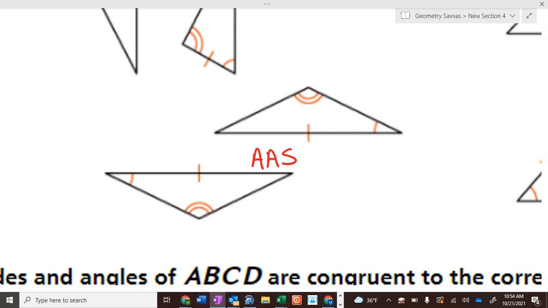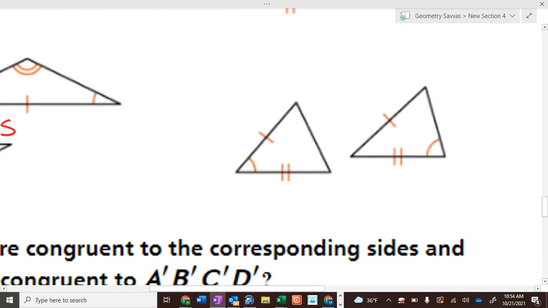Not the same. So two angles and some random side: angle, angle, side. What about this one? This one's side, angle, side, but what's this one? If we have side, angle, side, and side, side, angle, are they congruent? No. This one's a no.